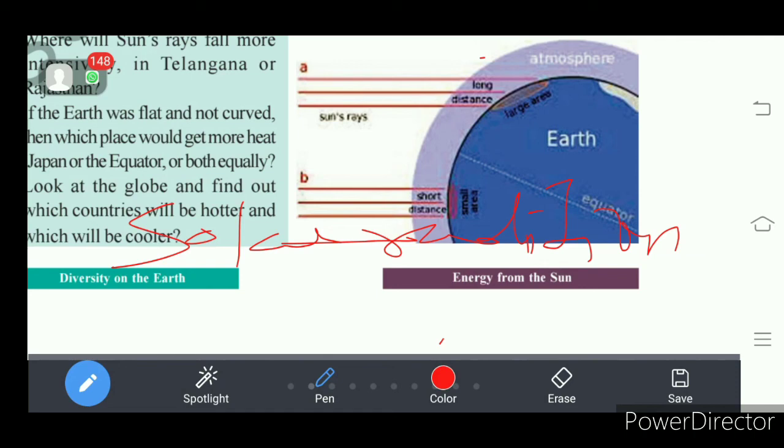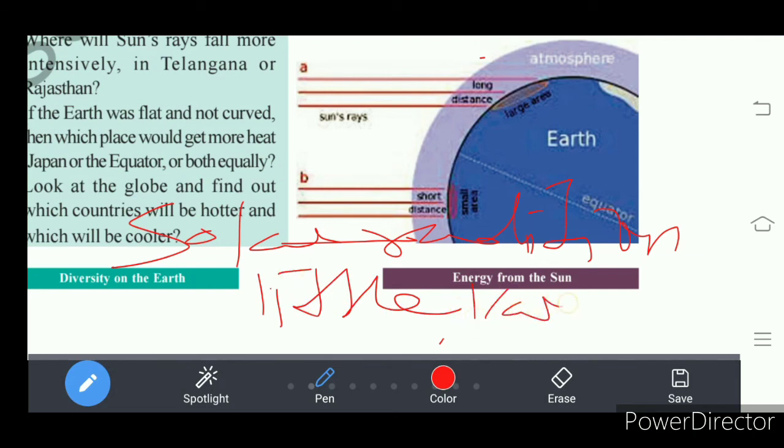Solar radiation is constant, every day, every year we find the same amount with little variation.